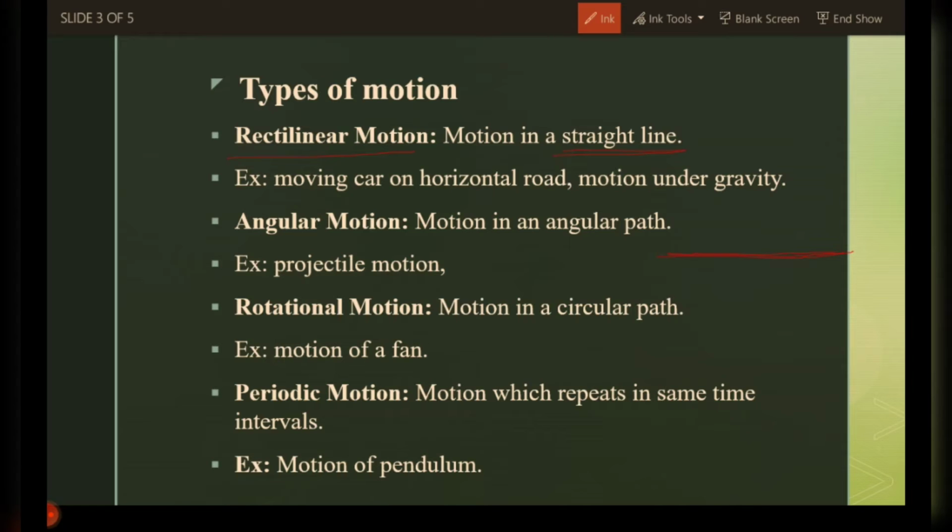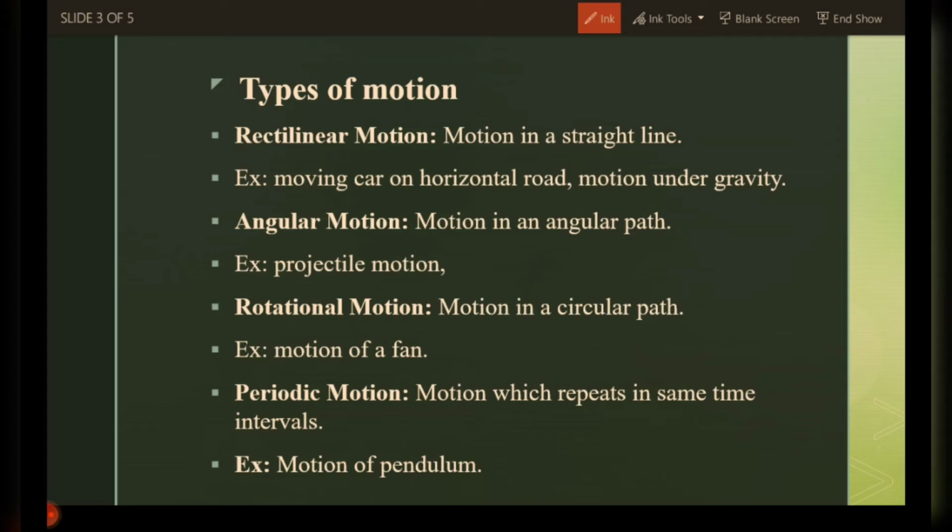For example, a moving car on a horizontal road covers a straight path, hence it is in rectilinear motion. Another example is motion under gravity. Any object, when we throw it from the top, will fall in this direction. It is also rectilinear motion.